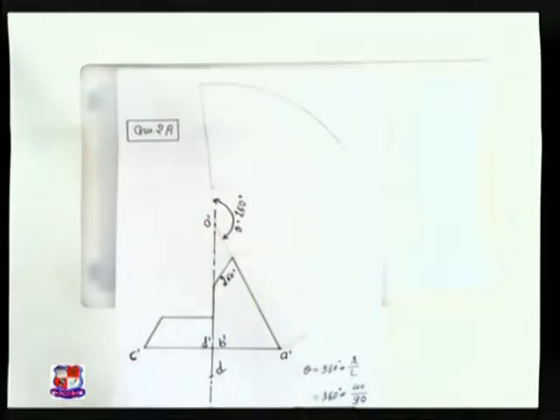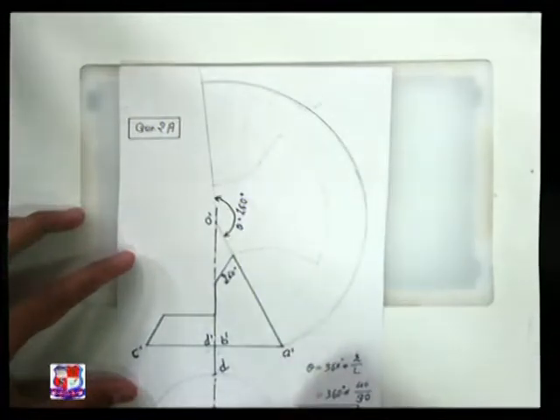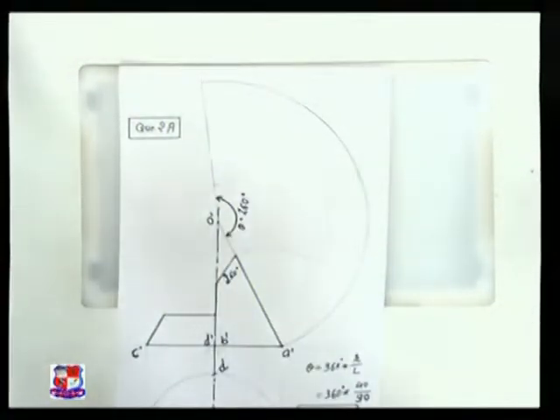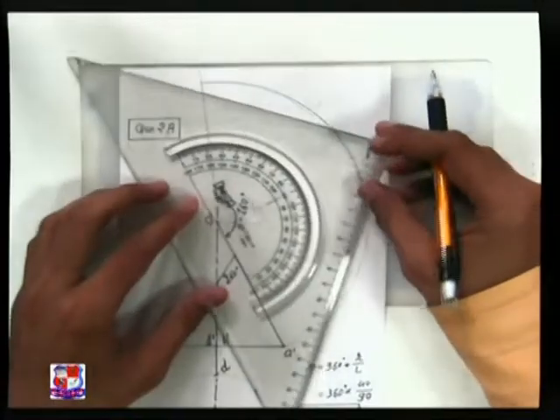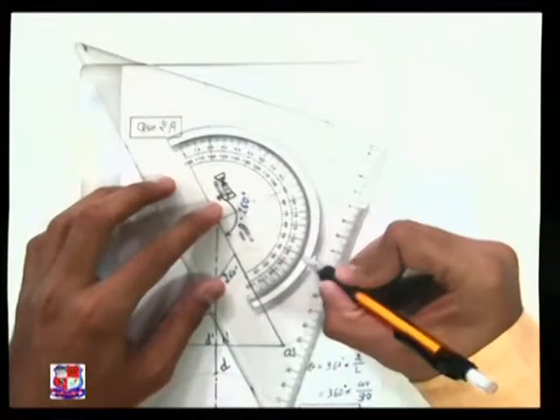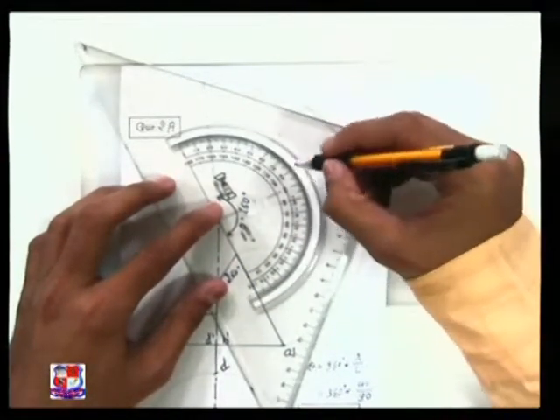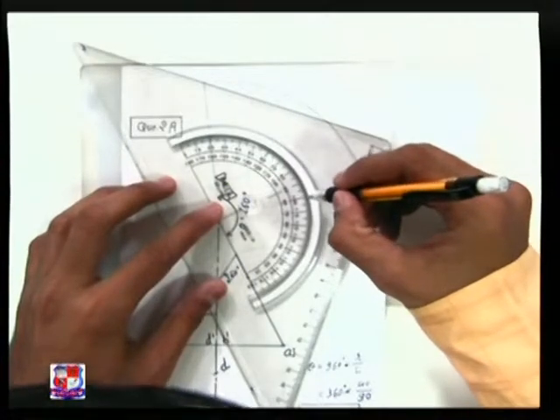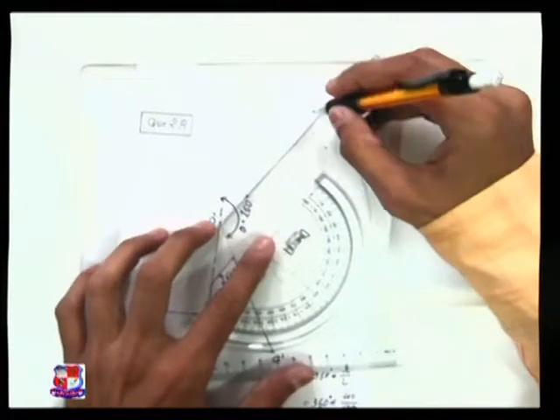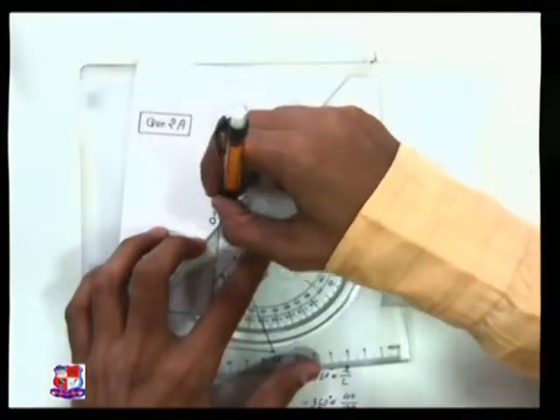Now to find each point on this arc, the circle is divided into 4 equal parts, A, B, C, D. Similarly divide this arc into 4 equal parts. The total angle is 160 degrees. Divide into 4 equal parts, which means 40, 40 plus 40 is 80, 80 plus 40 is 120, right? And draw lines like this. So here the lines would appear like this.